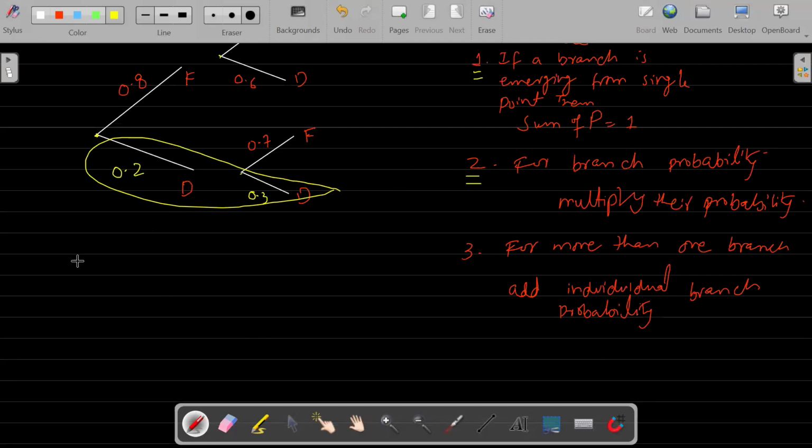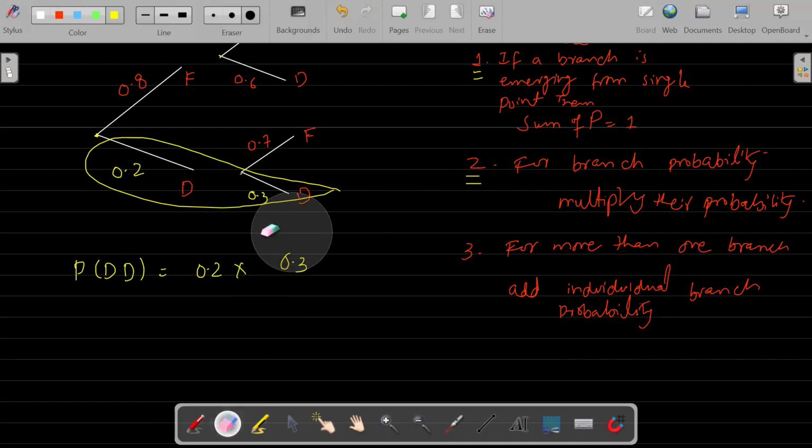It means that I will get my probability for DD as 0.2 times 0.3. That is a multiplication, as it says, multiply them. Now simply multiply them. We get 0.3 times 0.2, which is 0.06. So that is the probability that he gets dessert in both his attempts.